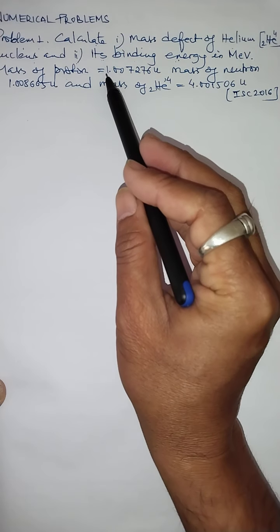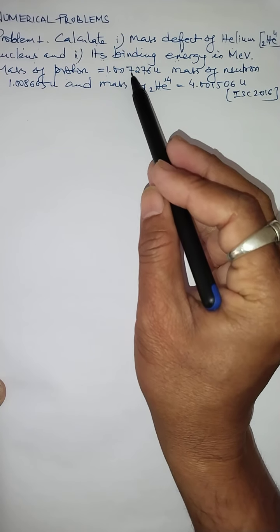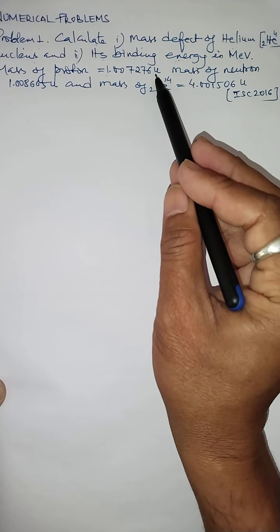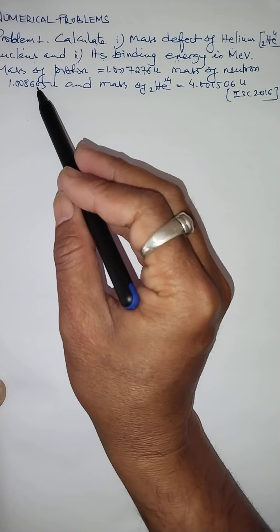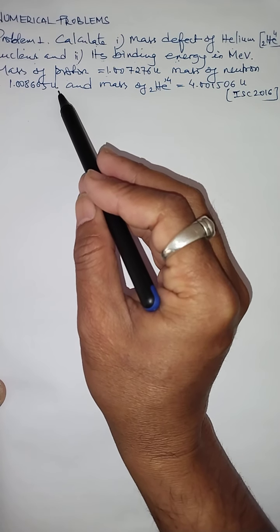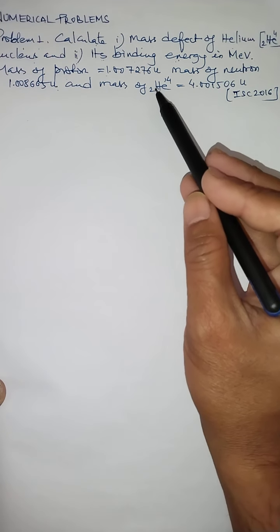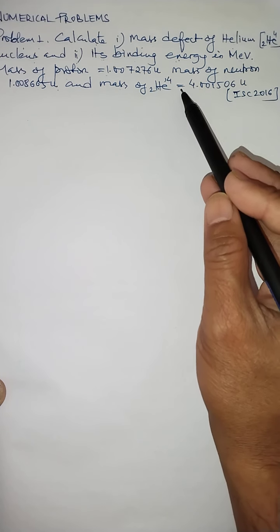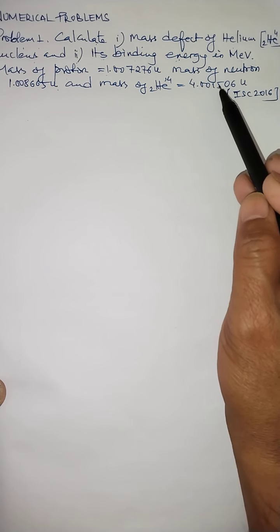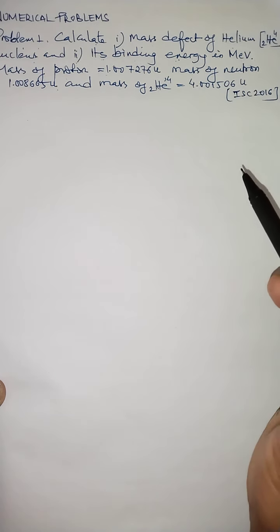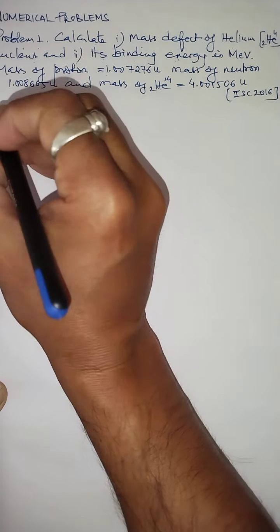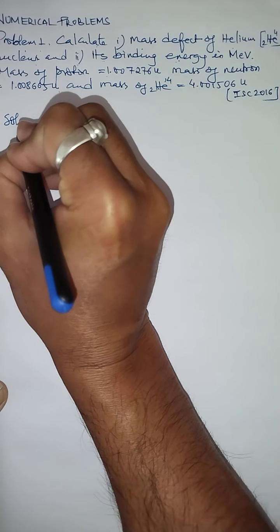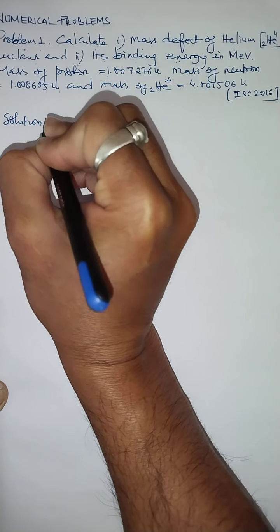Mass of proton is given as 1.007276 U, meaning unified atomic mass unit. Mass of neutron is given as 1.008665 U. And the mass of the helium nucleus is given as 4.001506 U. This question came in ISC 2016. So let's solve this problem.